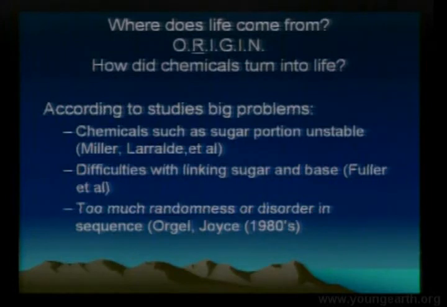The other thing is you have difficulties with linking sugars and bases together, these kinds of bases. Very difficult chemical problem. It has to be controlled in the laboratory. You don't just throw them together, stick them out there and put them in the atmosphere or whatever's there and say, well, they're going to come together and bind chemically and do what they have to do. No, it's not going to happen.